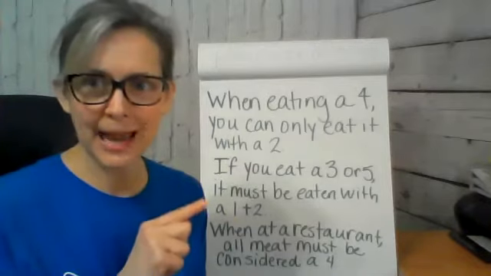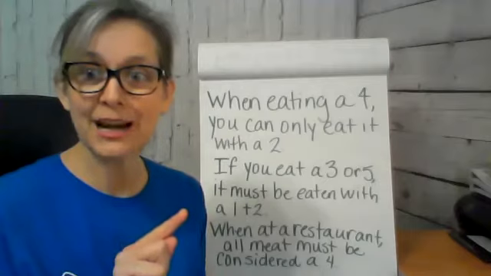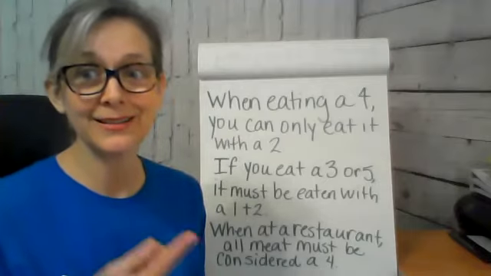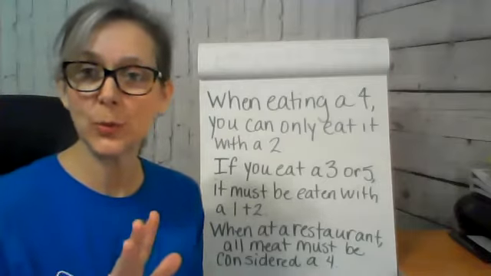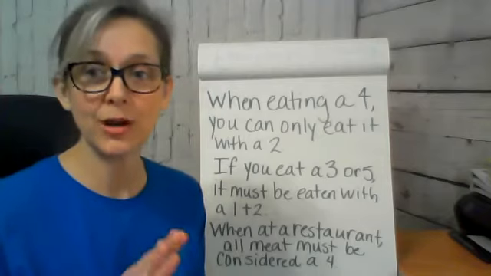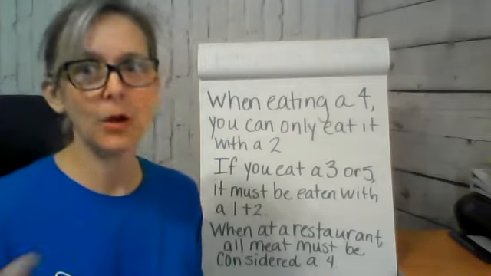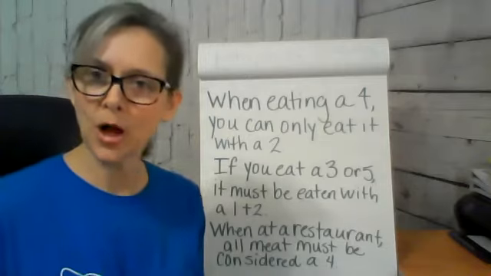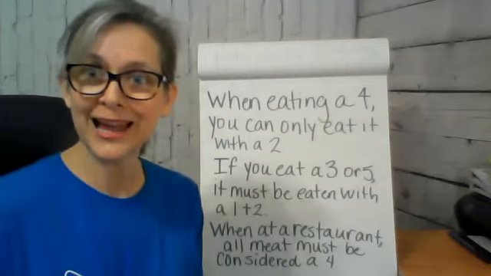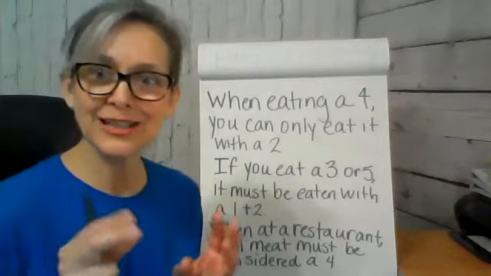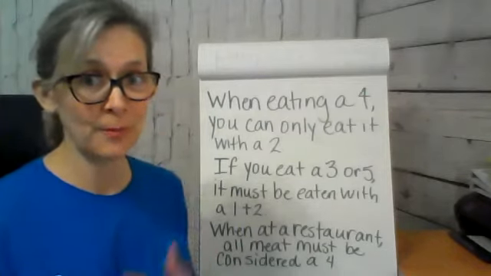When you eat that potato with it, it is going to go and collect that fat. All right, so that's why you want to consider all meat at a restaurant a category 4. That'll tell you, don't order the potato with it, order the vegetable medley. If you want all those things to be on your plate and taste them all together, that is the meal better for home.